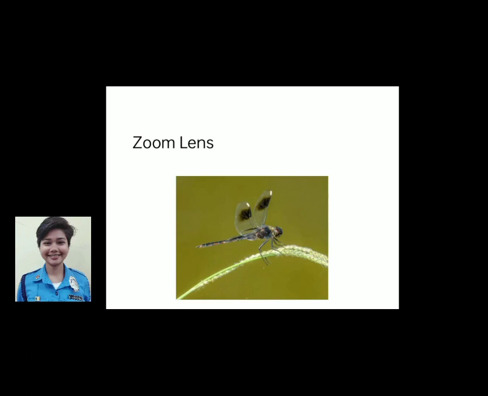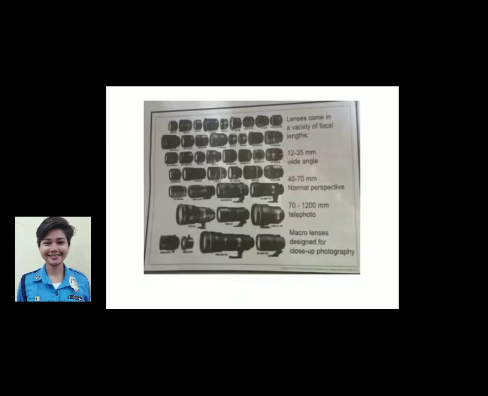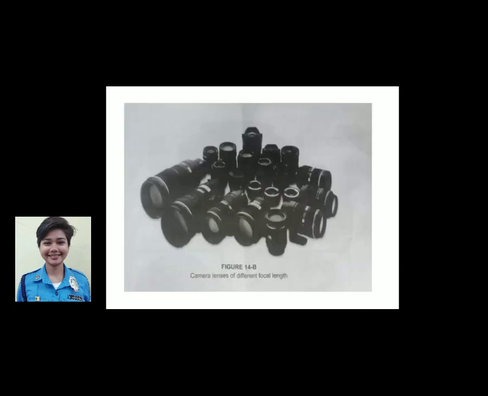Some animals are aggressive, so to capture them perfectly, photographers use a zoom lens to capture the masterpiece. This picture shown on the screen shows camera lenses of different lengths.